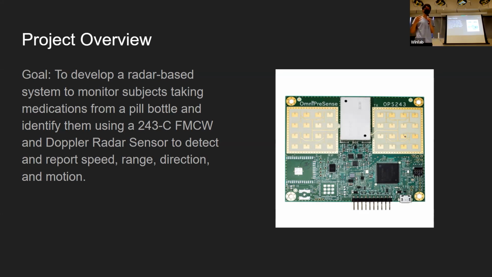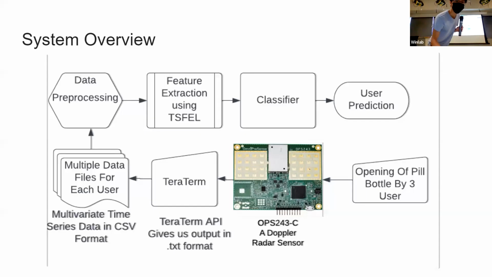And what we're working with is a 243C FMCW and Doppler radar sensor, which basically detects speed, range, direction, and motion. We just use this to get our information to accomplish this. This is basically the system overview.